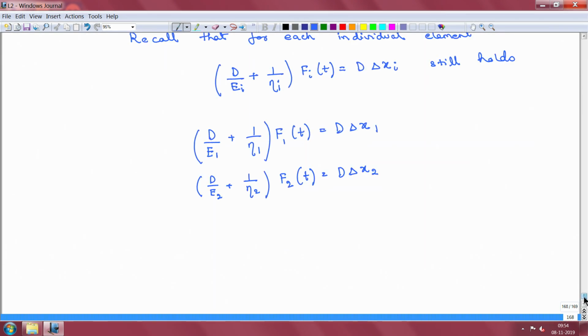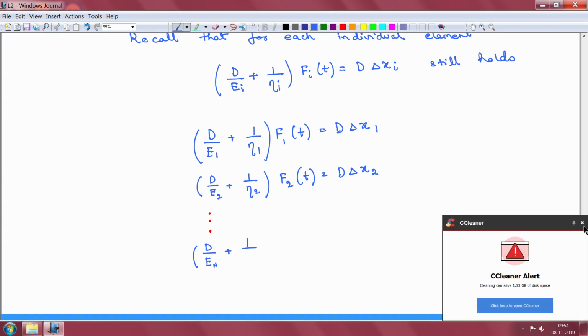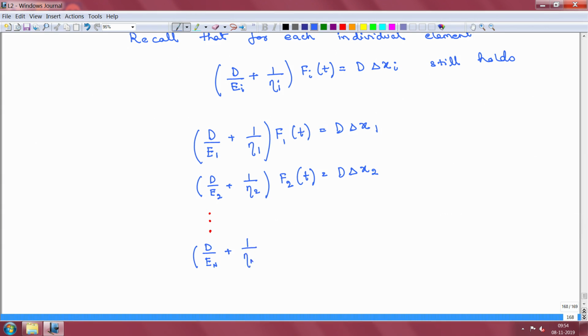This process will go on till I start writing the equation for the nth element. We had said capital N number of elements are there. So, here the last term looks something like this. Sorry, this is not small n, this is capital N. So, these are the set of equations, you have N equations that we have written.